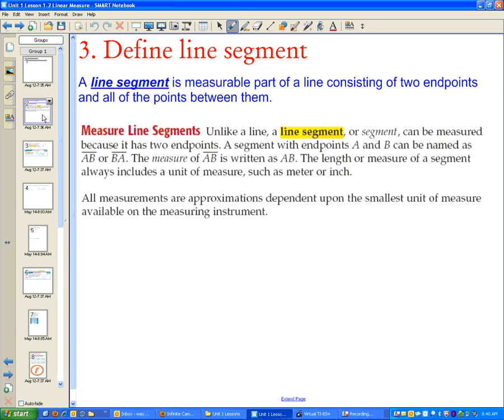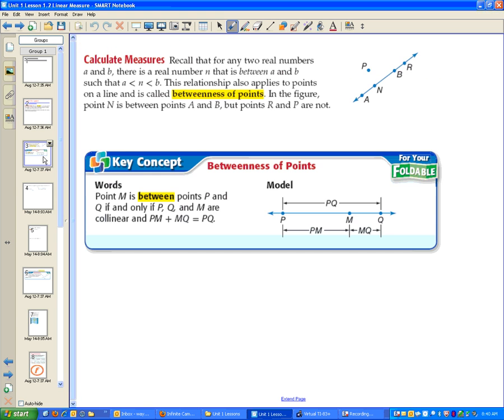So if you had inches marked off, but none of the others, well, then the best estimate you could do would be to the nearest inch, and so forth. So don't be overly precise. Don't be more precise than you actually can be. Don't guess, is what I'm trying to say. Okay? Go by the smallest unit of measure that's on your ruler, meter stick, whatever it is.